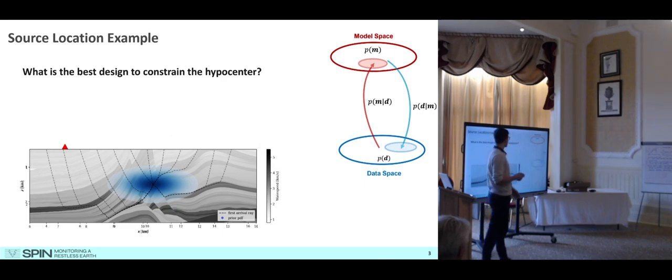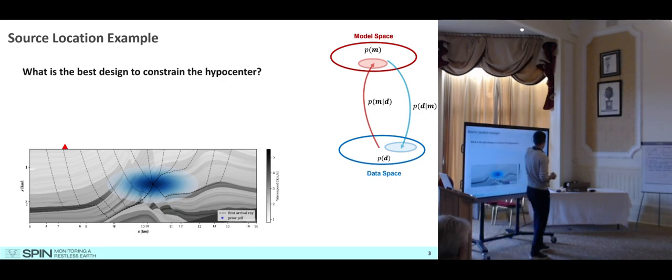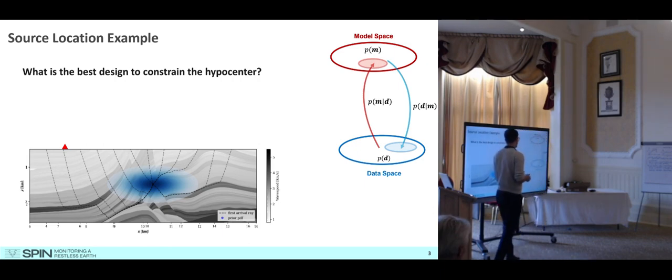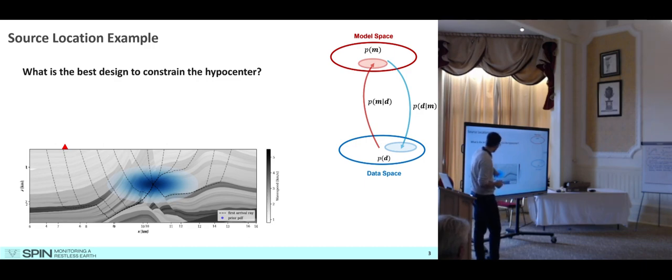And to do that, we first of all need a likelihood function, which just encodes how the physics behaves in our problem and what data noise we have. And the physics in our problem is just first arrival travel times, and we can then use the travel time differences to constrain the source. And here you can see the ray path of first arrival times, and you can see due to the complex velocity model in the background that is quite a complex problem and definitely non-linear.